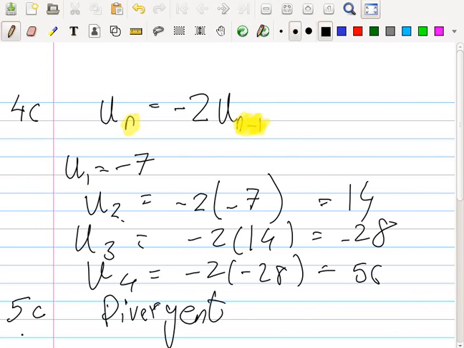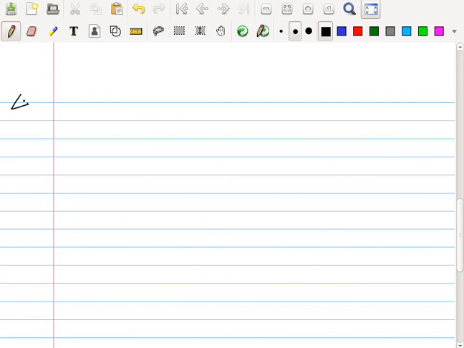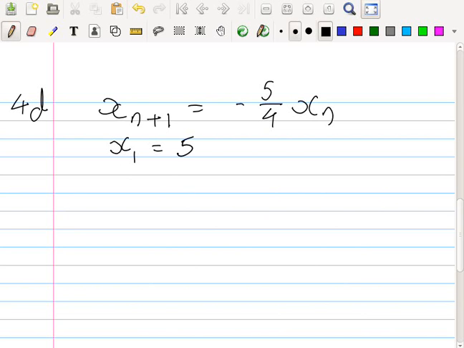Okay. Ready to see 4D now? Yep. So 4D. You have x_{n+1} equals minus 5 over 4 x_n. And I tell you the first term is 5.